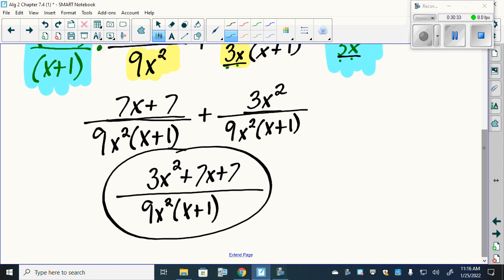We do need to leave the denominator factored that way, because if there is going to be something in common on top and bottom, it's better to leave it in this factored form so that we don't have to multiply it out, then factor it back to see if there is a greatest common factor or something in common on top and bottom. But that's all we have to do for this here. Any questions on this? All right, let's look at another one.